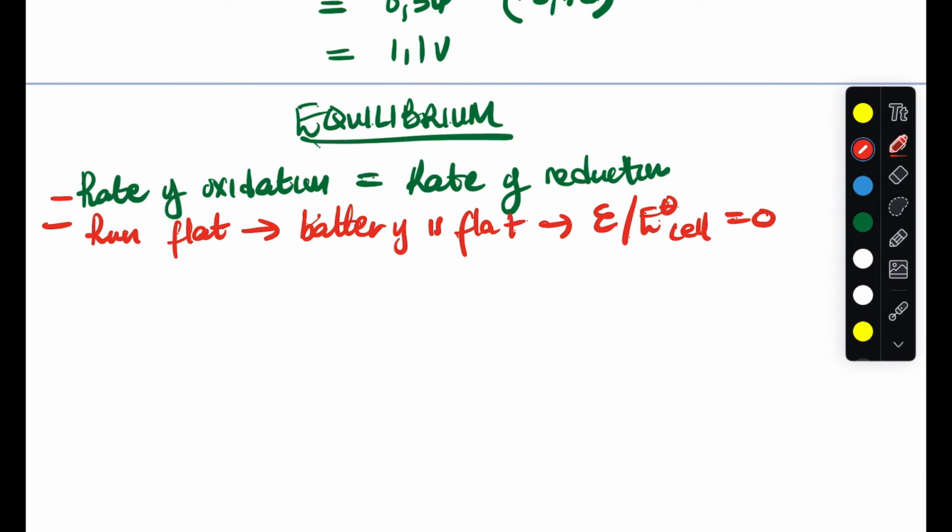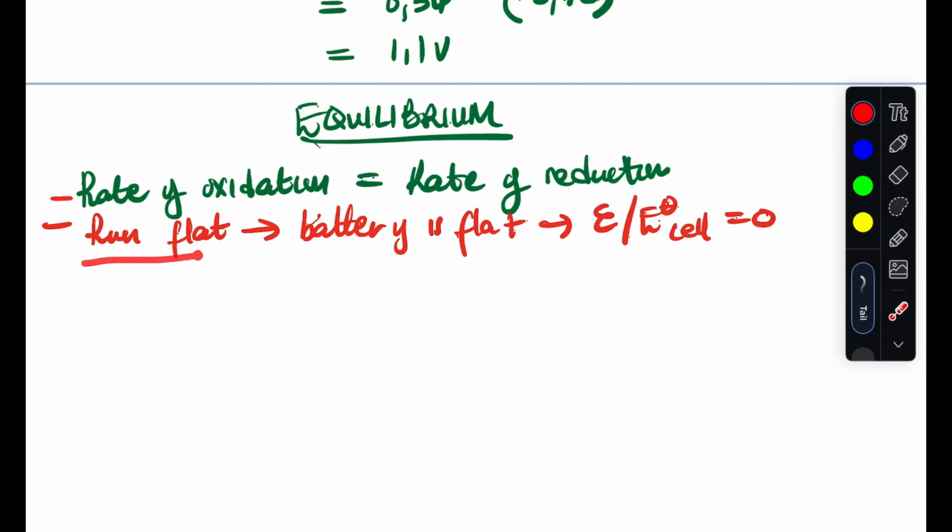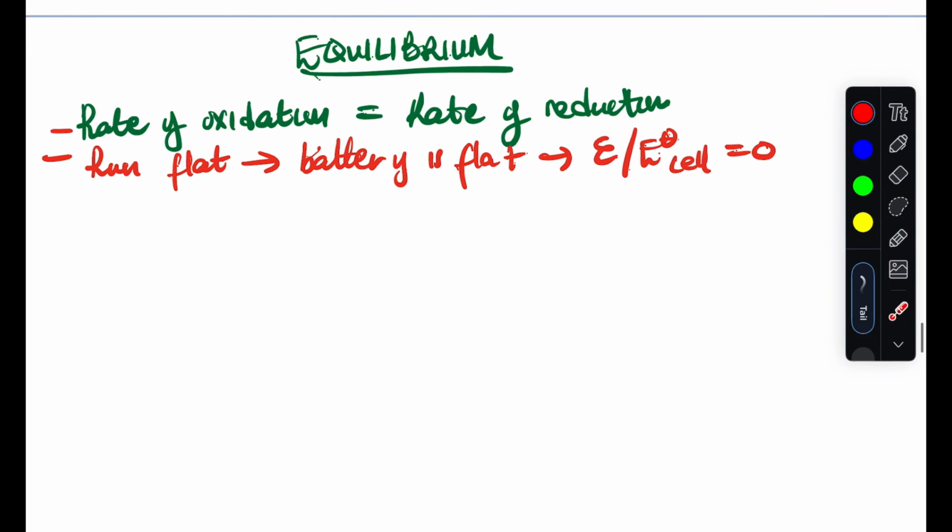So whenever they ask you why the E cell is 0, it means it has reached equilibrium. It means the rate of reduction is equal to the rate of oxidation. When the battery is flat, the EMF or the E cell is 0 because of equilibrium, right?